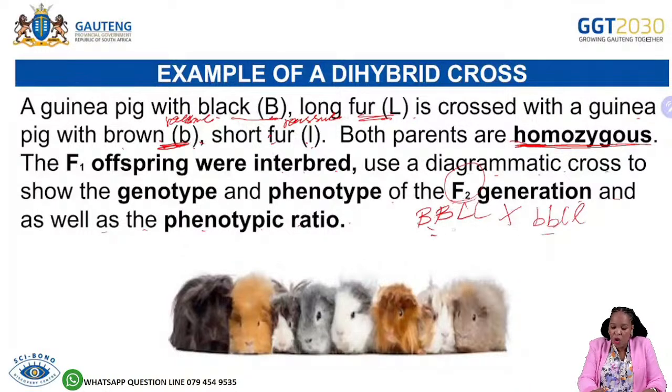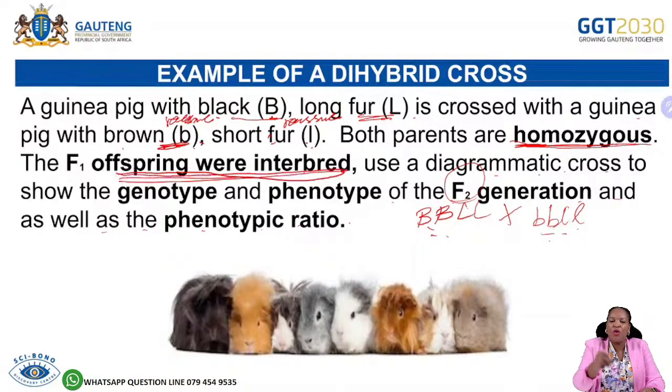So when you do your cross with these parents, you are going to get the first offspring. Now, after getting the first offspring, you are going to interbreed those first offspring, meaning they are going to act as parents.